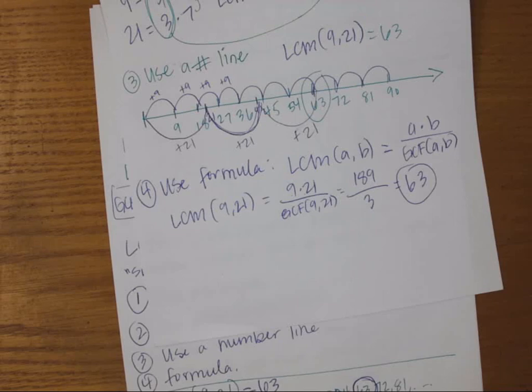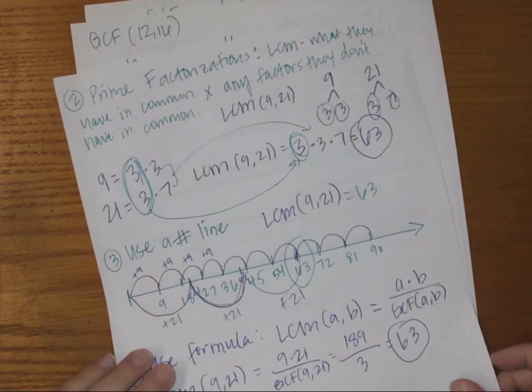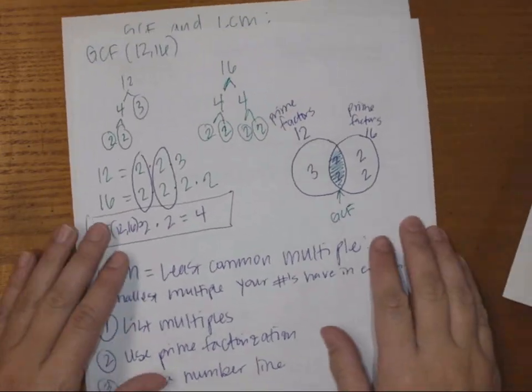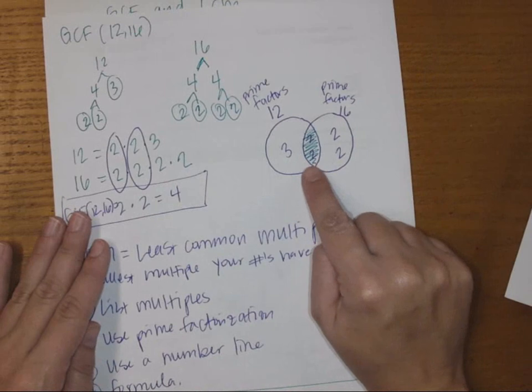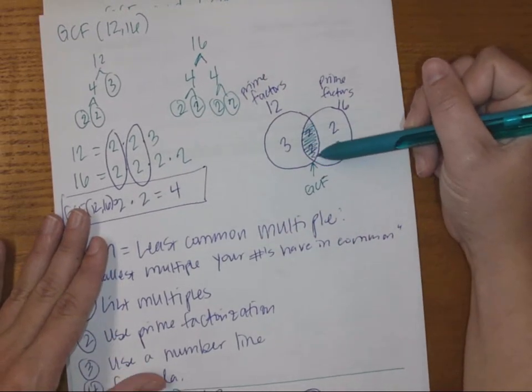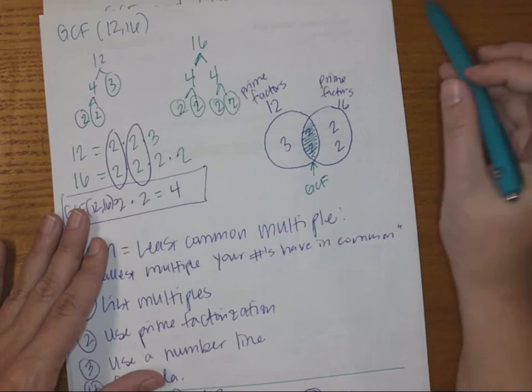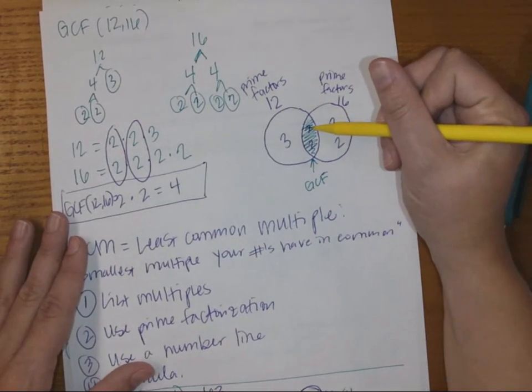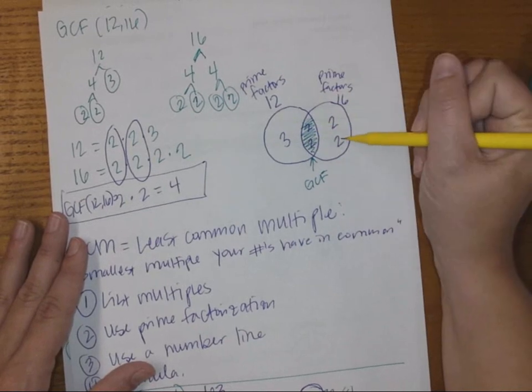Let me go back to that Venn diagram. We did a Venn diagram for the greatest common factor. If the greatest common factor on your Venn diagram is the middle, what do you think the least common multiple would be? To find the least common multiple, you do what they have in common times whatever's left over.